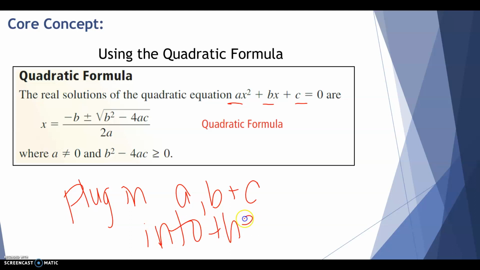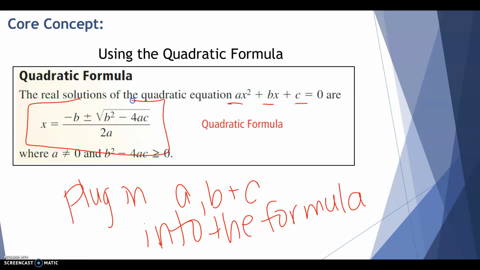Then you would solve it and get x equals. You're going to get your two answers because of the plus or minus. So this is what you need to memorize, but you certainly don't have to because you can use your notes. Very easy.